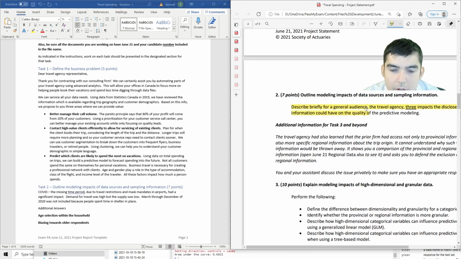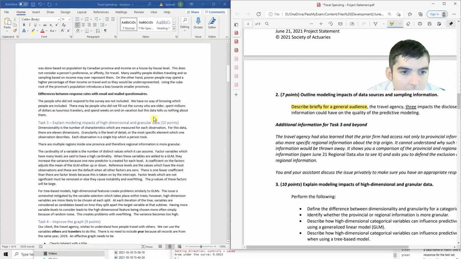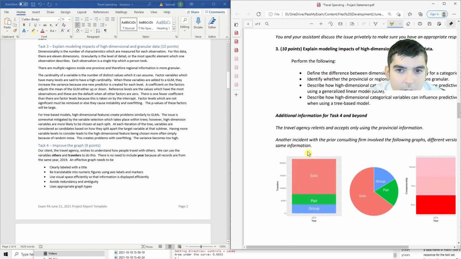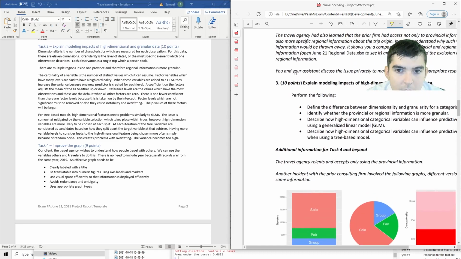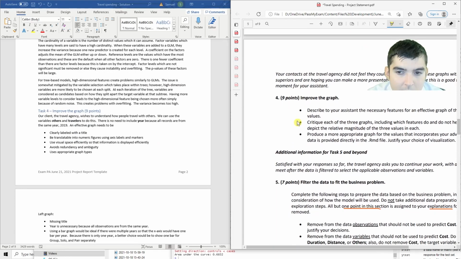Task 2 is for a general audience. That looks okay. Task 3, you and your assistant, so this can be a technical audience. Task 4 is for your assistant, so that can be technical.